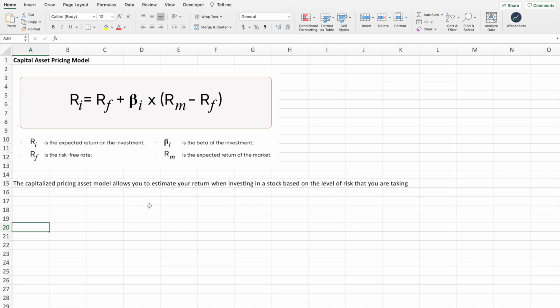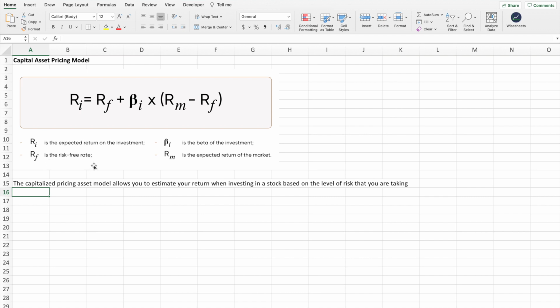So of course, once you enter all the different numbers in the formula, what you're going to get is the expected return on the investment that you should earn from that particular stock. Something really important to remember is that the CAPM assumes that there are two primary sources of risk. One of them is the beta of the investment, and the other is the risk-free rate.